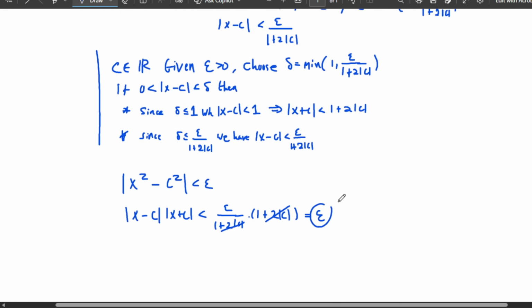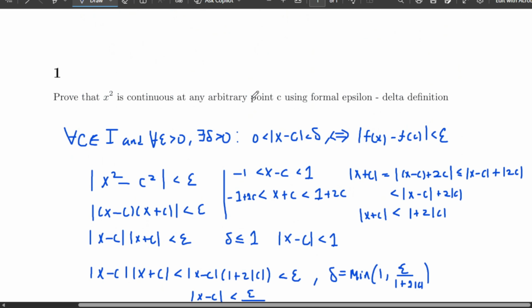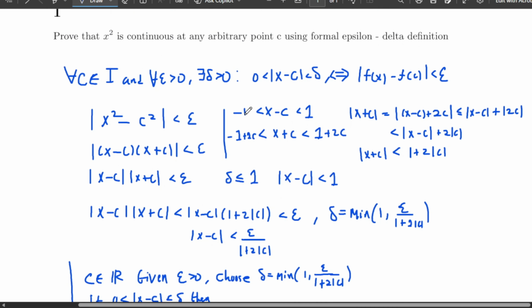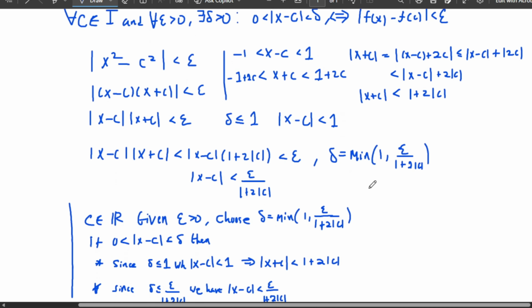So this proves that x squared is continuous at any arbitrary point C using the epsilon-delta definition.